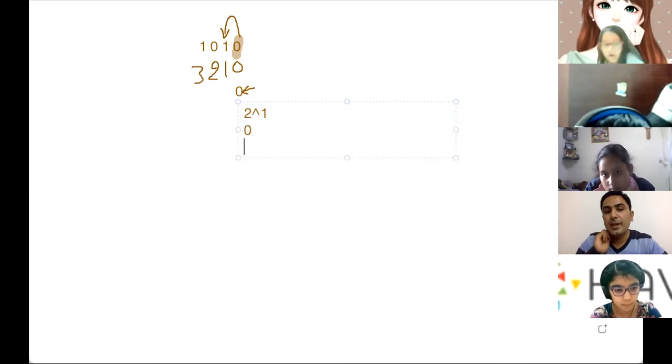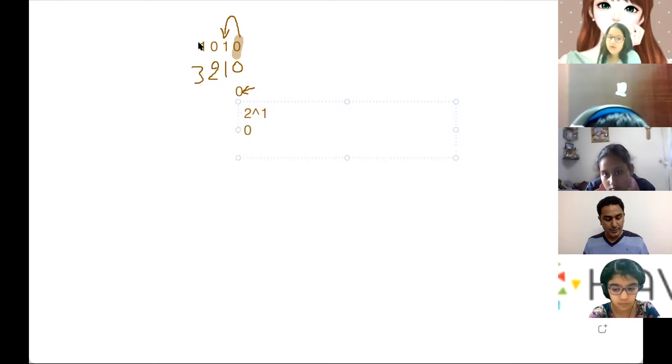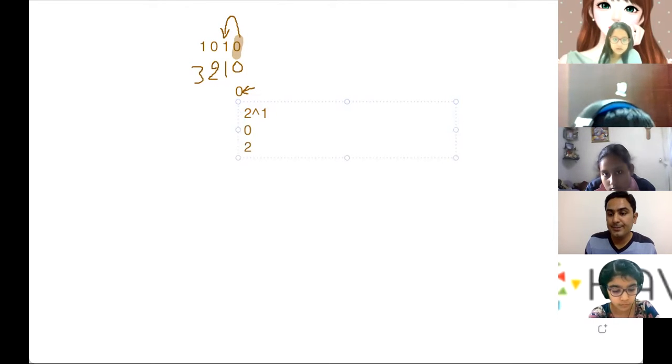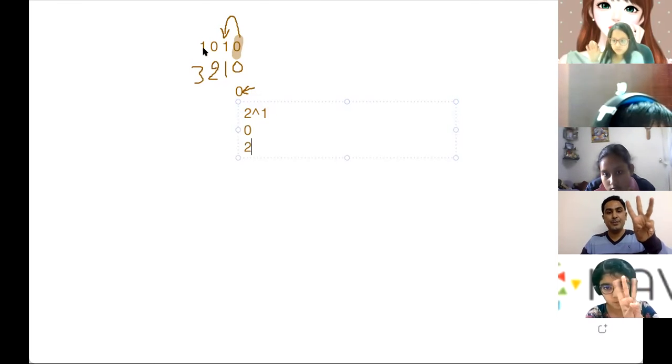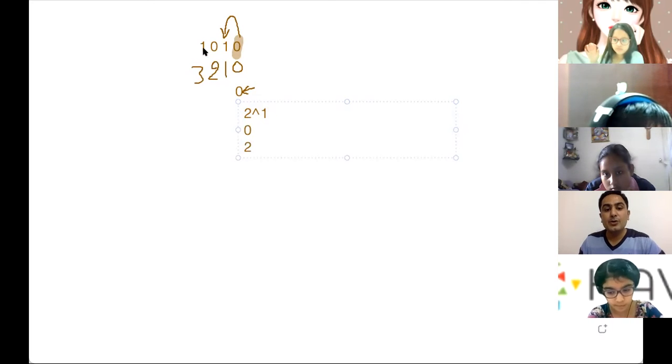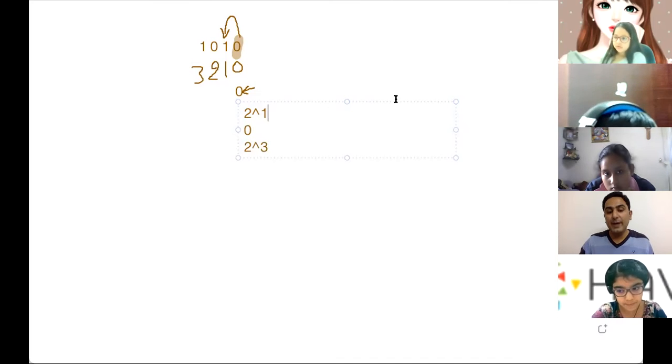And then we have the 1, so again 2. What is the position of this 1? 3. The position of this one is 3, so we write 2 raised to 3.